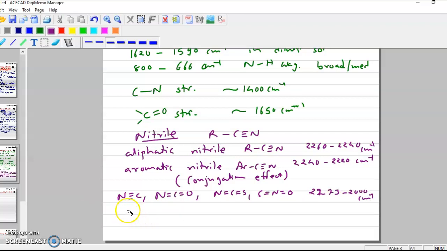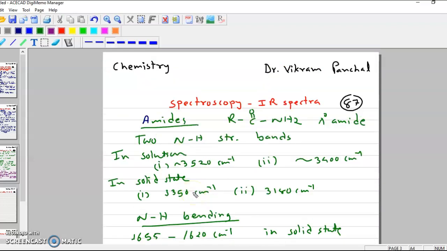In case of imine, imine is having C double bond N, and it will be observed at 1689 to 1470 centimeter inverse. Okay, so these are the functional groups in which you will find amines and amide also.